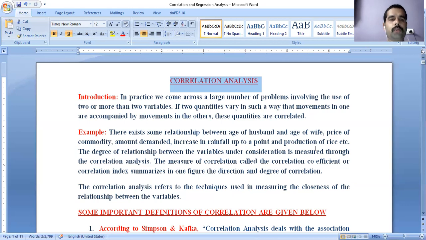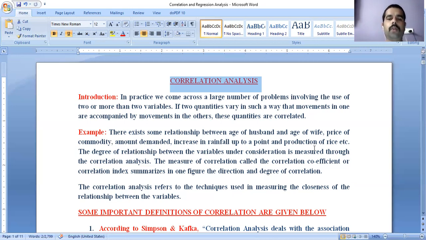Here a small example is given to understand correlation. Observe carefully, there exists some relationship between the age of husband and the age of wife. Another example is the price of a commodity and the amount demanded, or increase in rainfall up to a point and the production of rice. Next, the degree of relationship between the variables under consideration is measured through correlation analysis.